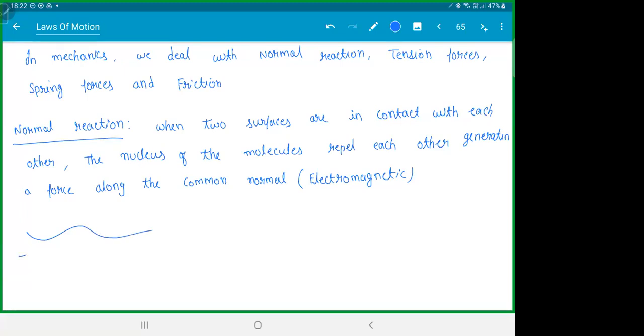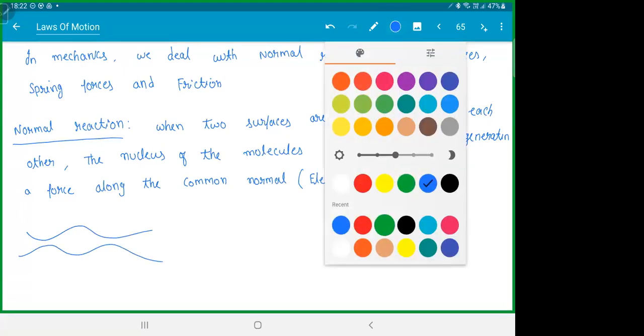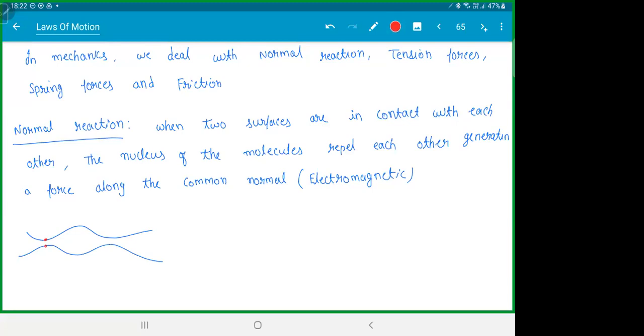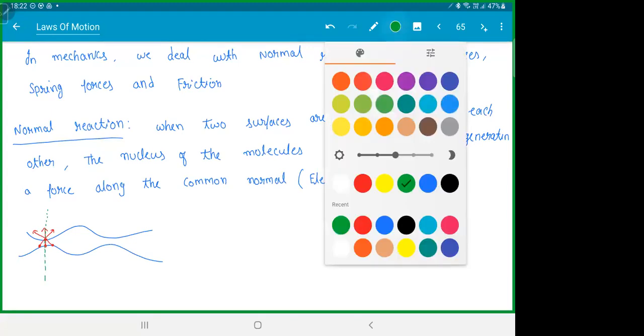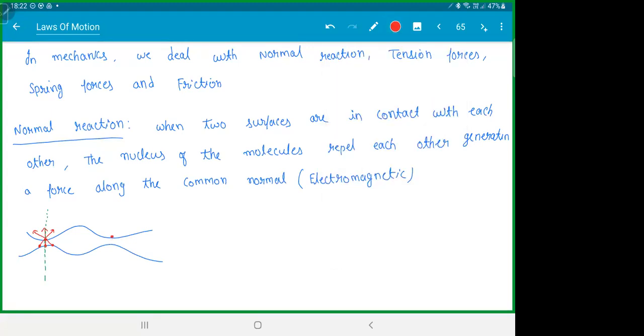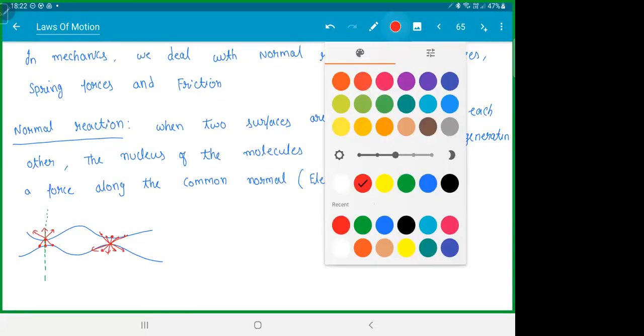So if you have surfaces like this, and if you observe, this molecule is repelling here, this molecule is repelling here, and so on, you can clearly see that symmetry. This is your common normal. You could have done the other way around also. So this guy is repelling this, this guy is repelling this, and so on.